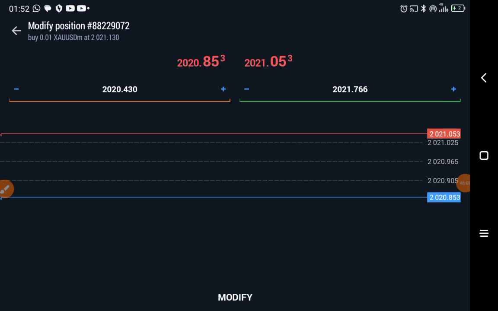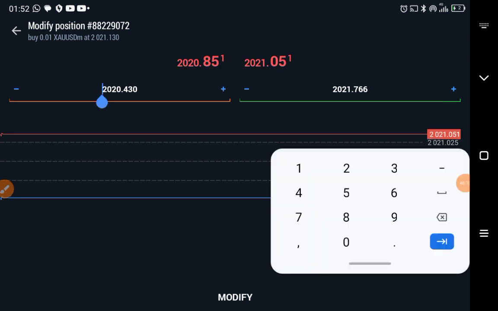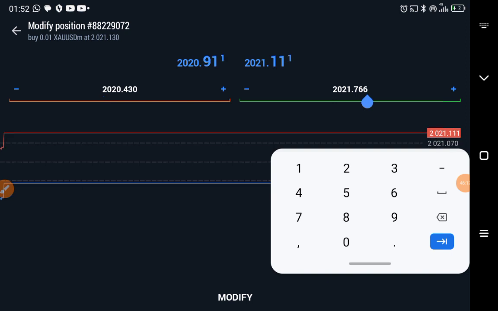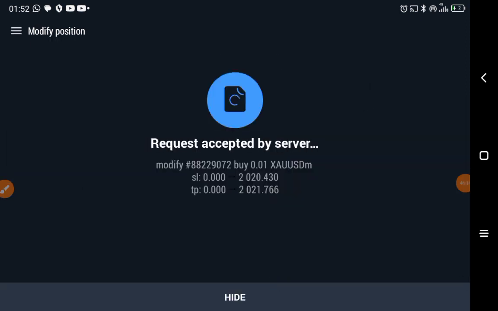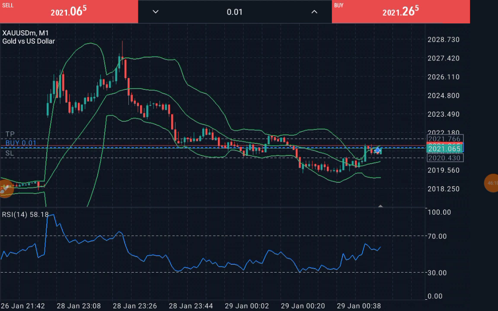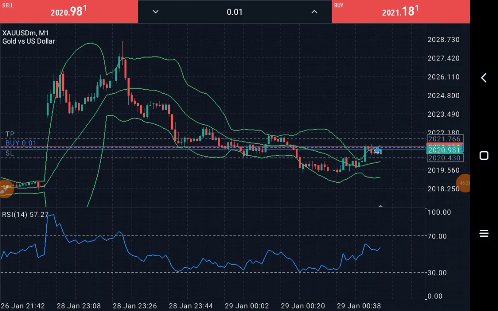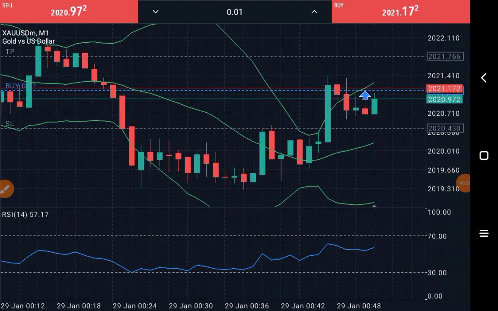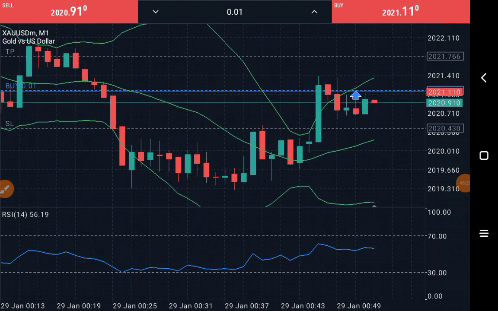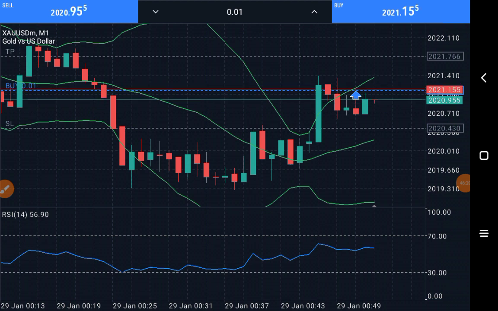So this first one is where you put your stop loss. This one is where you put your take profit. So how do you know which figures? Then you can say the trade is done. If the price hits any one of them, I don't know if you can be patient to see where the price will hit, because this price is ranging, so there's not much movement in the market.